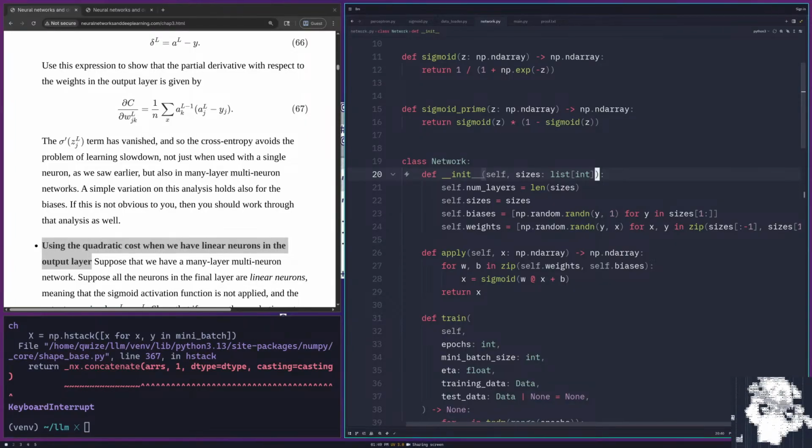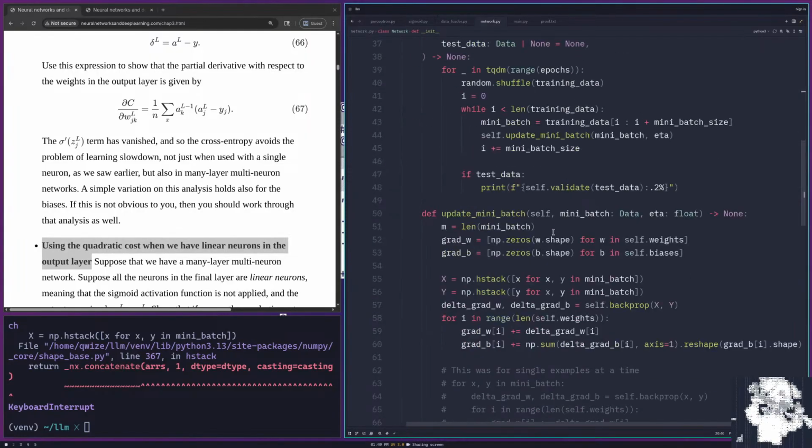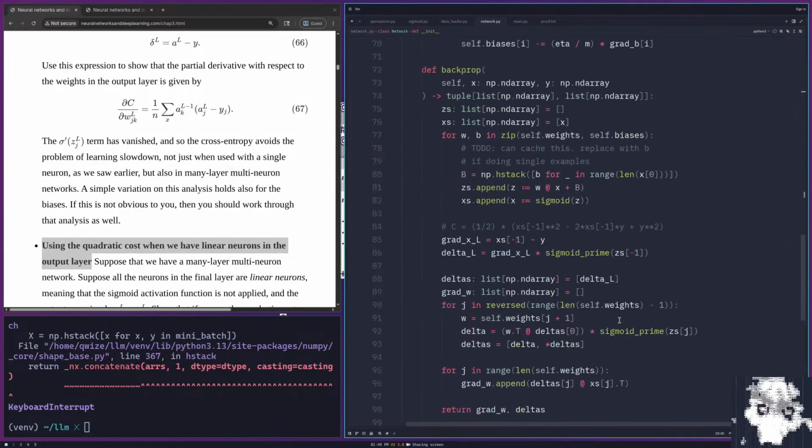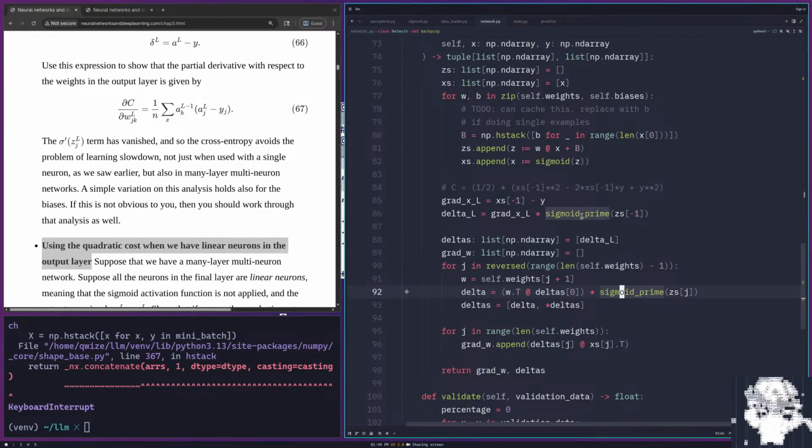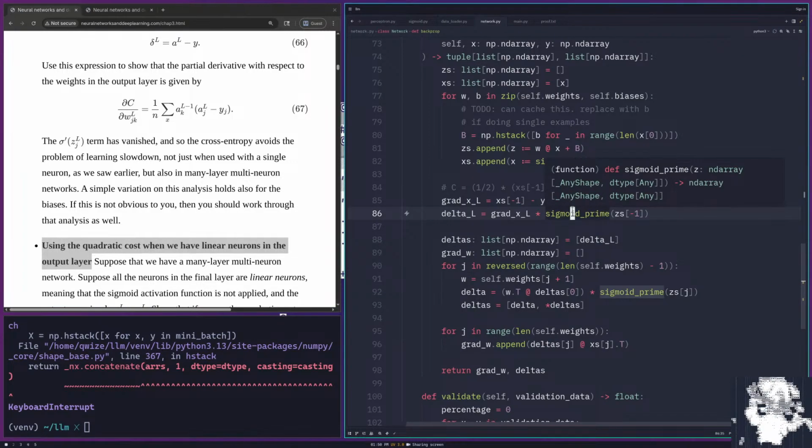So using ReLUs instead of sigmoids is a different way to get rid of the sigmoid primes here. So yeah, okay. So then what happens if you use ReLUs and or linear neurons and cross entropy at the same time?